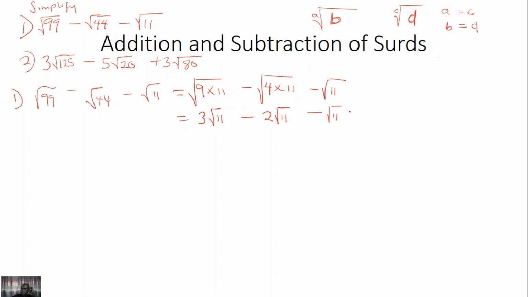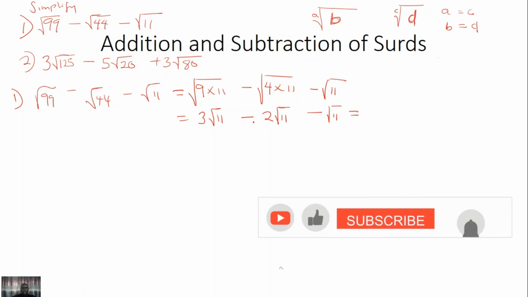So if we subtract this together, 3 root 11 minus 2 root 11. Now you see that their roots are the same, all of them are square roots, and the number that the root is sitting on is also the same, which is 11. So we can perform addition or subtraction on these expressions.